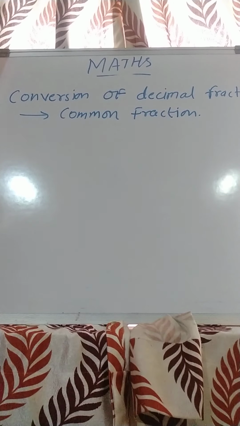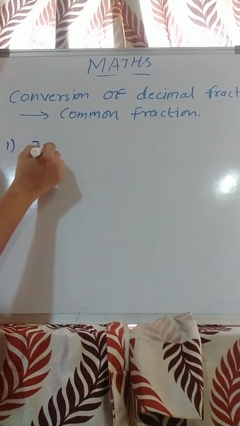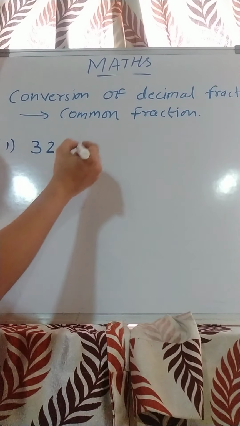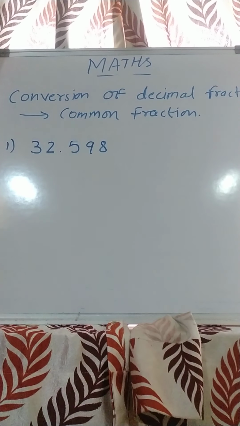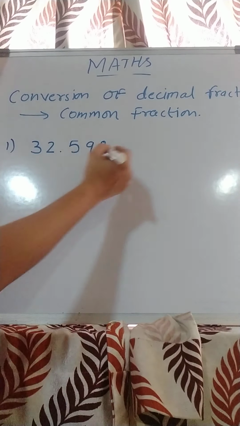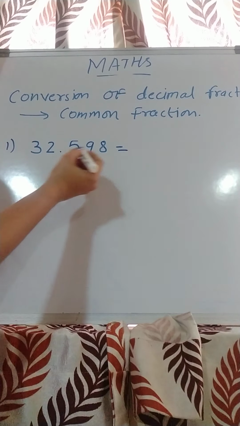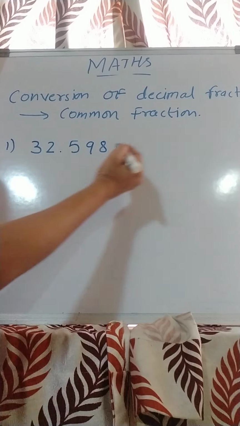Now how to convert it? See, let's take one example. 32.598. Whenever you are converting decimal fraction into common fraction, always remember you have to count the digits which are after the decimal point. How many digits are there? 1, 2, 3.